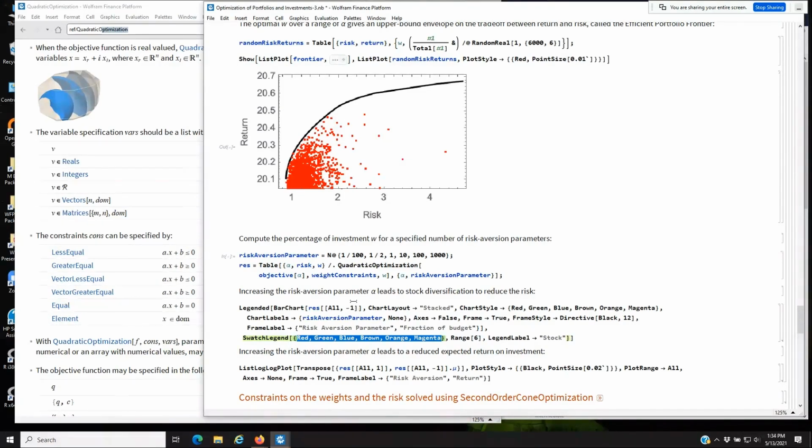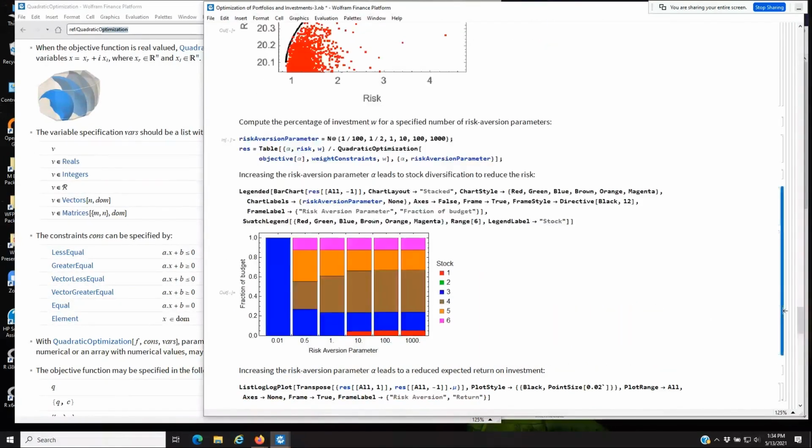Okay, and we're going to see now, as I change alpha, what happens to the overall allocation. So when the risk aversion parameter is quite low, in other words, we're not really interested in the risk, then we'll just choose stock 3, which is the one with the greatest return.